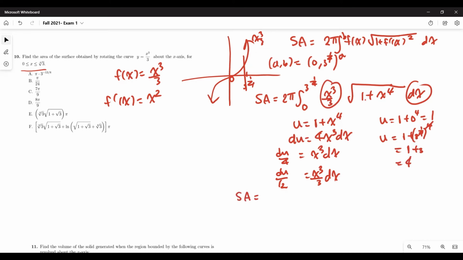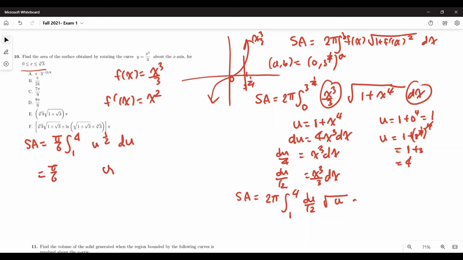So the surface area integral equation would be 2 pi, integral from 1 to 4, of du over 12 times the square root of u. So you can take 1 over 12 out, so the surface area will be pi over 6, integral from 1 to 4 of u to the 1/2 du.